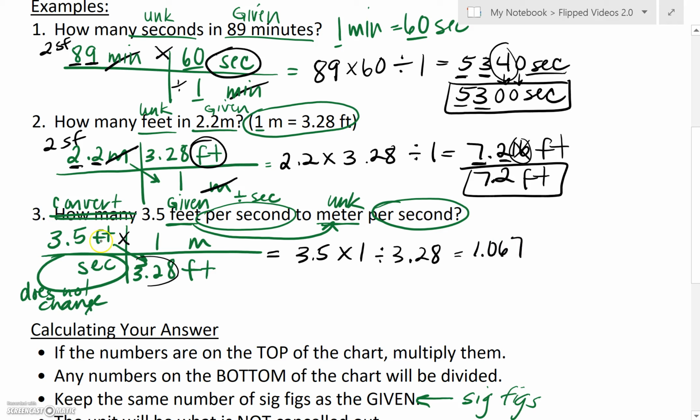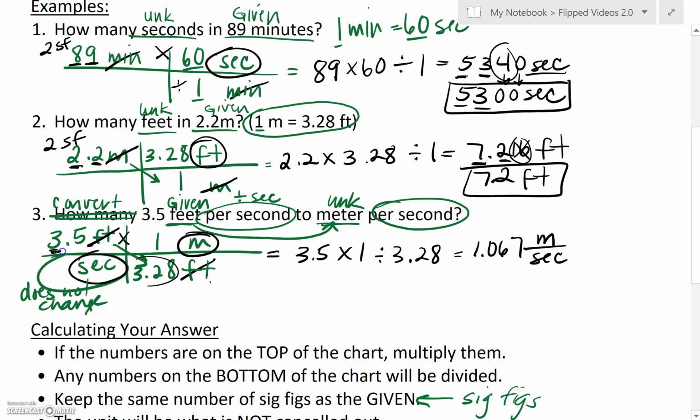The unit is feet, and notice how feet is also on the bottom, so I'm going to cancel that out. Now what unit is left? Meters is at the top, so I'm going to put meters. But I also see that seconds is still on the bottom, so I have to leave the seconds at the bottom, so you can leave it like that.